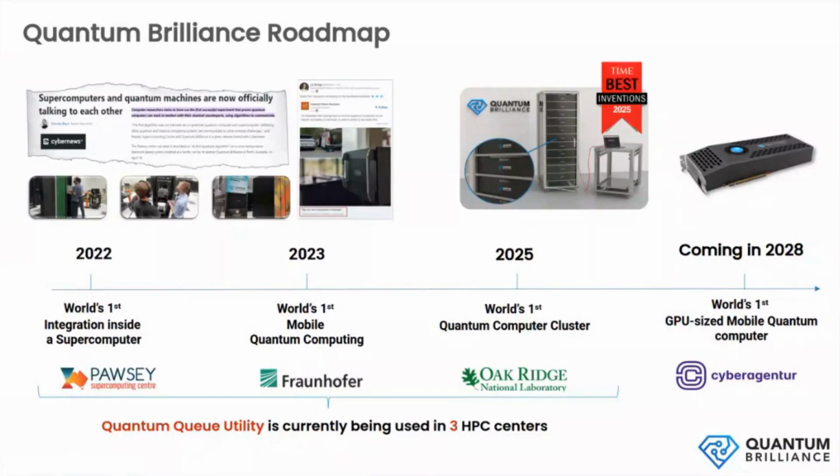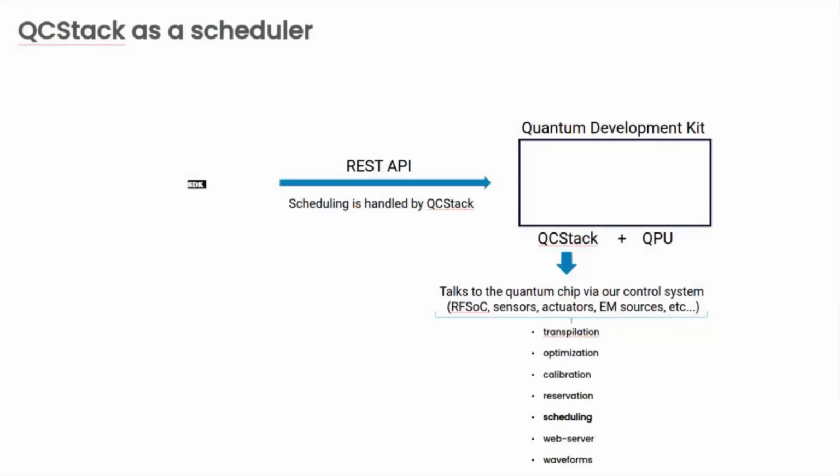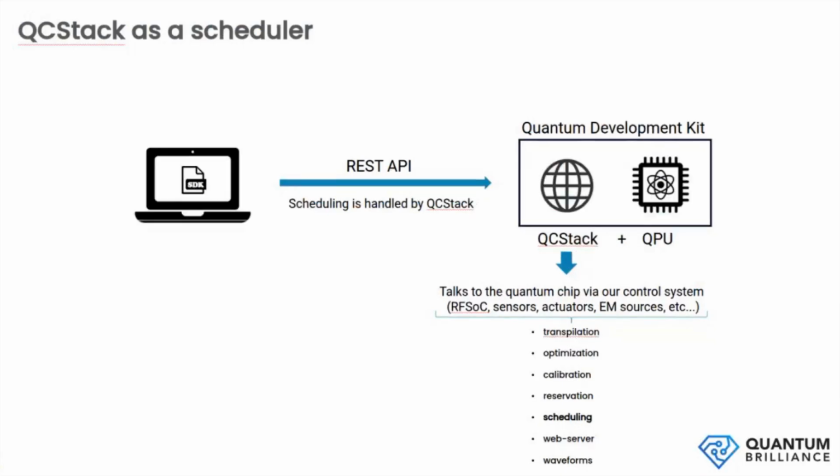Can you go to slide 7? I was wondering then about the QC stack here. That's where the control is right now, right? Like where the software that does the control of the qubits is. QC stack is the software.